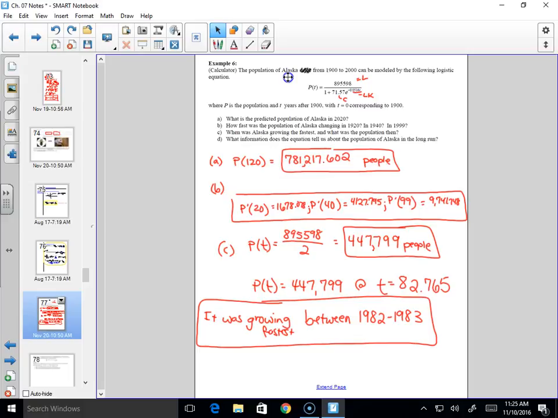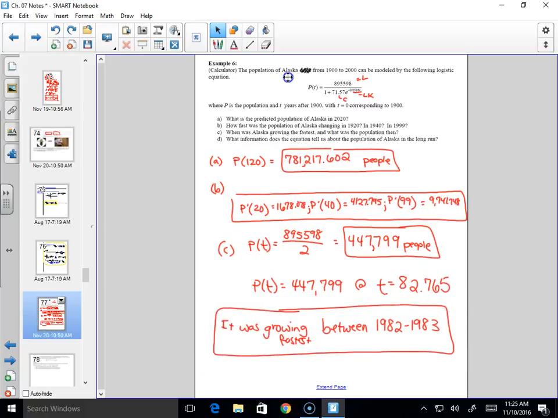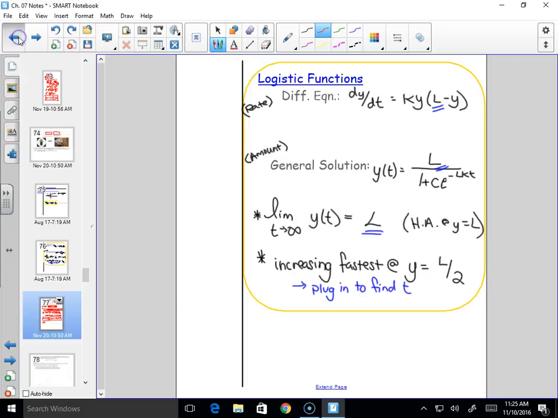What information does the equation tell us about the population of Alaska in the long run? It's going to keep increasing. No, it's not going to fluctuate, it's going to increase until it reaches the limit. So you can say the carrying capacity or the limit of Alaska's population seems to be limited by, or what was that nice wording?